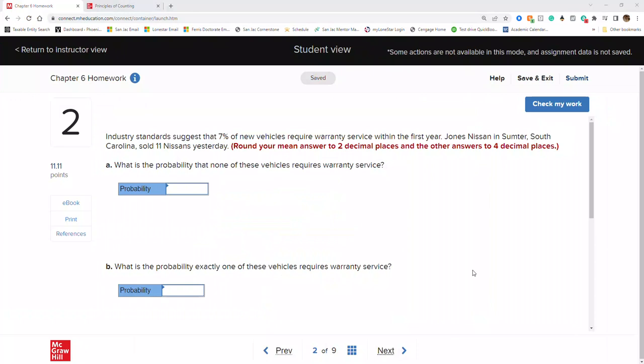Alright, so let's go ahead and show this in Excel, how to do this formula for the probability of this counting method in a binomial, because this really is a binomial formula.